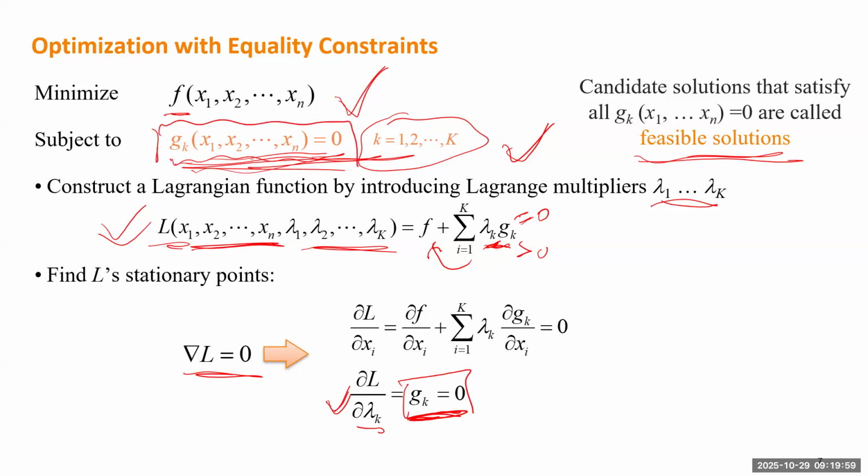So we don't lose anything. We keep every piece of information from the original problem, but we treat x and lambda equally as variables to be determined. Then you just solve those equations, and the solution will give you all the stationary points.